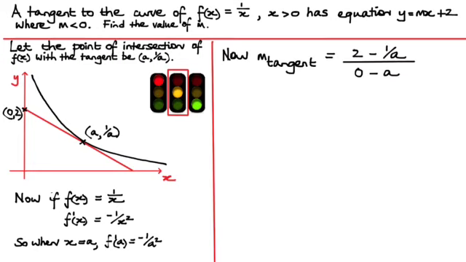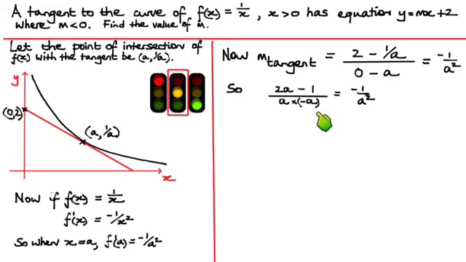That information will give us the value of a. You watch. m of the tangent equals, okay, y2 is 2 minus 1 over a, over 0 minus a, and of course that's equal to minus 1 over a squared. Now we've got this neat little equation in a, which we can solve for a as follows. We clean that up a little bit.